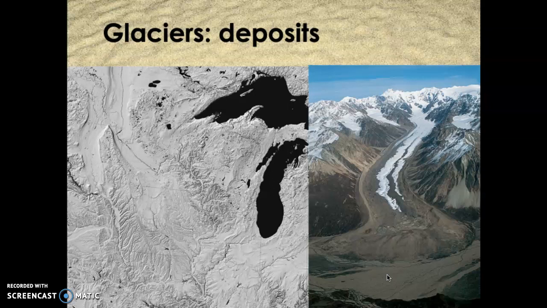And so we call this stratified drift or outwash, because it's washing out of the front of the glacier. And so the outwash, which you see here, has all the characteristics of sediment that was moved by water. So it's in layers, it's nicely sorted.